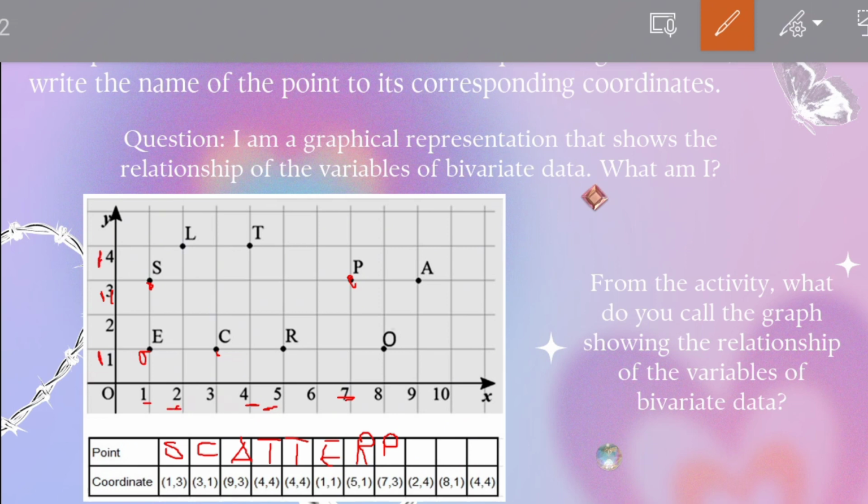Then natunong siya sa L. Next is 8, and then natunong siya sa 1 sa y-axis. Natunong siya diri sa O. And then last is the 4 and 4, which is the letter T.